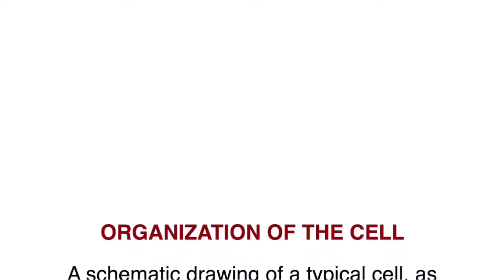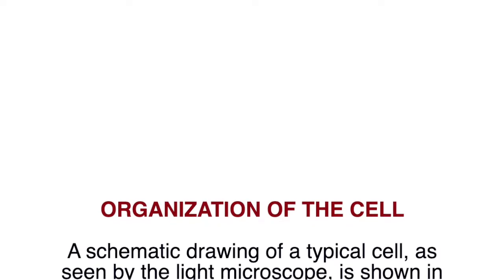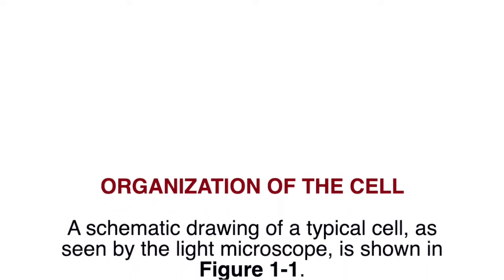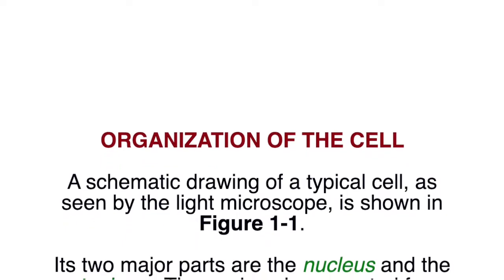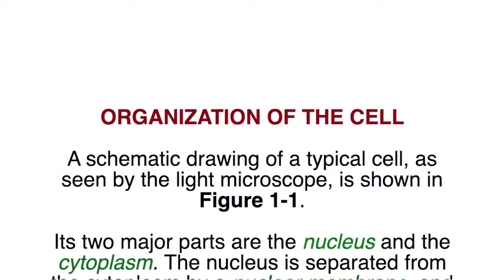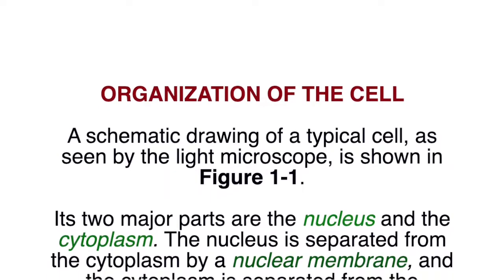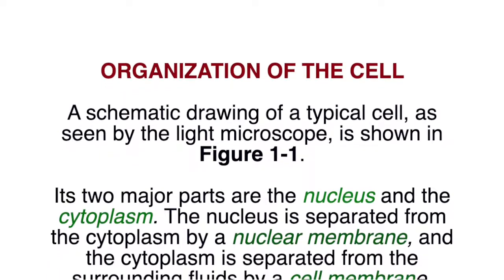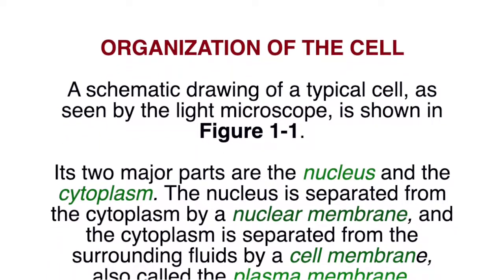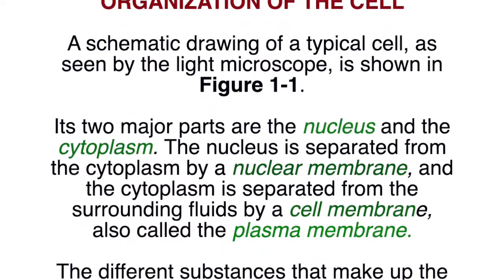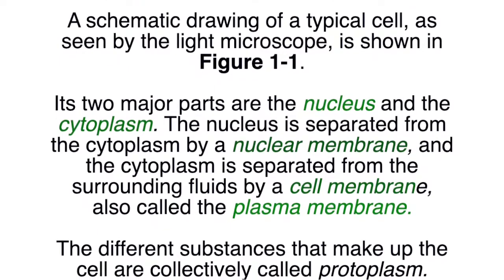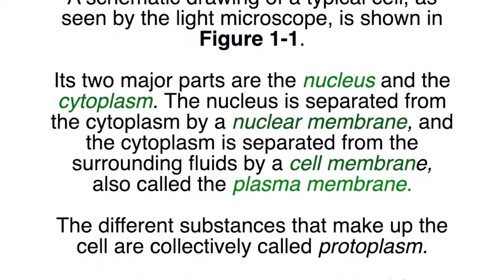Organization of the cell. A schematic diagram of a typical cell as seen by the light microscope is shown in figure 1.1 seen earlier. Its two major parts are the nucleus and the cytoplasm. The nucleus is separated from the cytoplasm by a nuclear membrane, and the cytoplasm is separated from the surrounding fluids by a cell membrane, also called the plasma membrane.